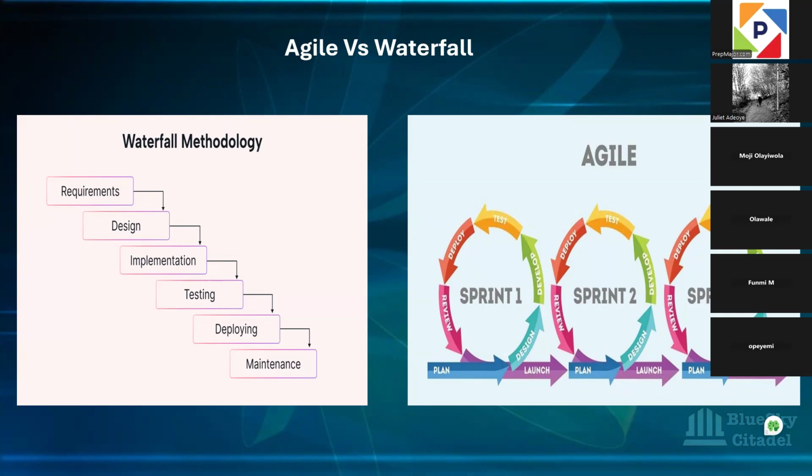There has to be flexibility and adaptability. The flexibility comes in where the feedback of the stakeholders or the end users needs to be worked on, needs to be implemented immediately. So the changes are made at any time based on the feedback and the evolving requirements.